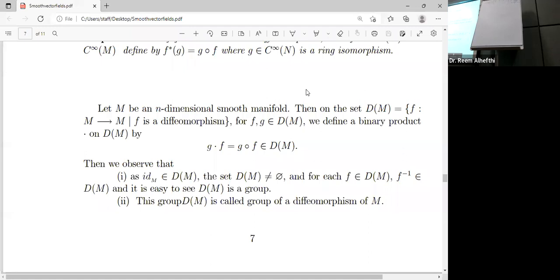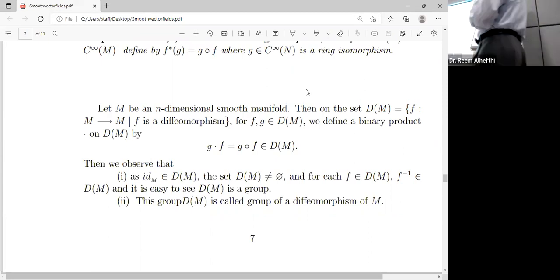Very large set, collecting all. At least we know what is there: the identity. Right? But it's a very, very large set. If you want to make it a manifold, it becomes an infinite dimensional manifold. And one more thing: once F belongs to D(M), F inverse is also in D(M), right?